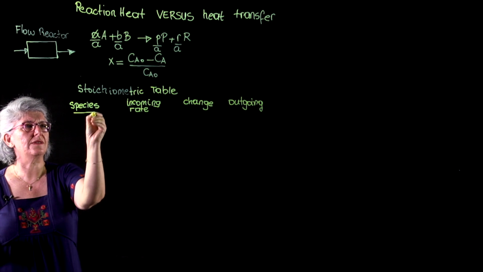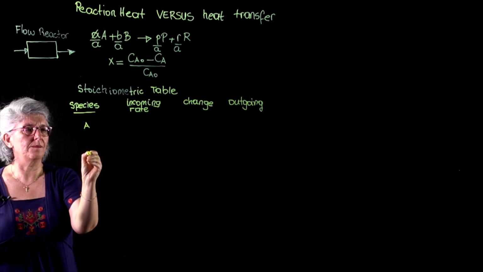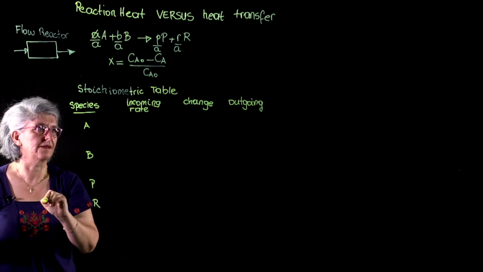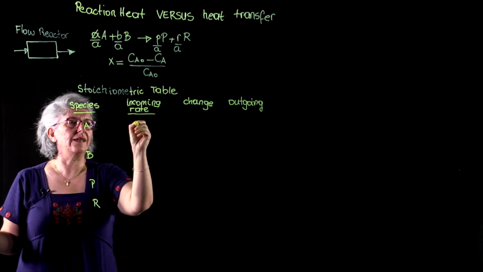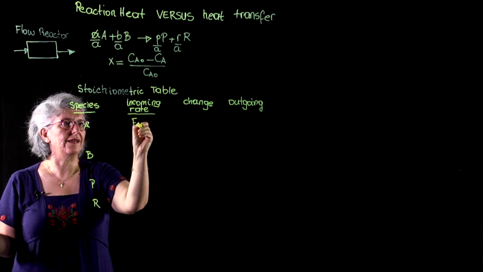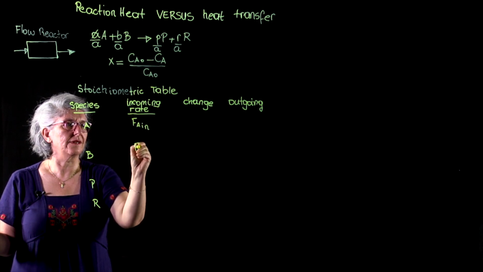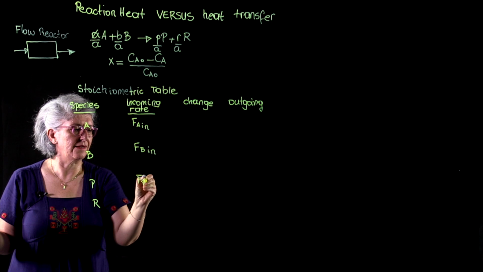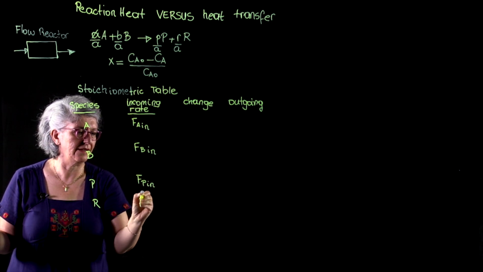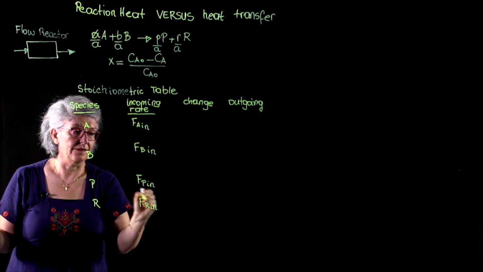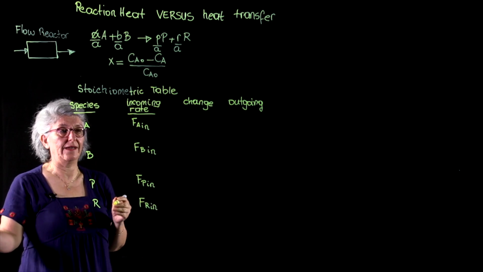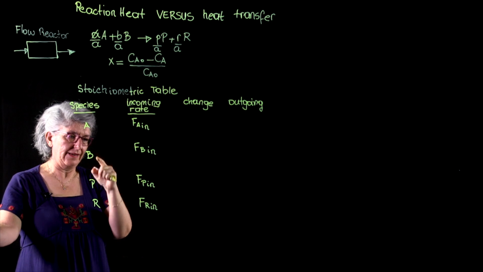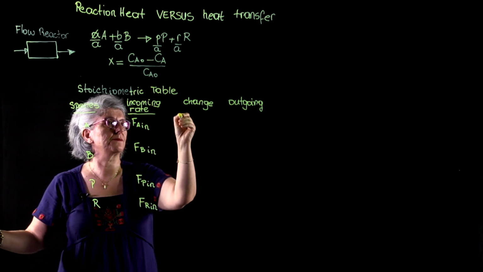So our species are A, B, P, and R. Their incoming rate is FA in, FB in. Let's have P and R also at the inlet streams. We may have a recycle reactor where we couldn't purify the product and some P and R leaks in to the incoming stream, for example.